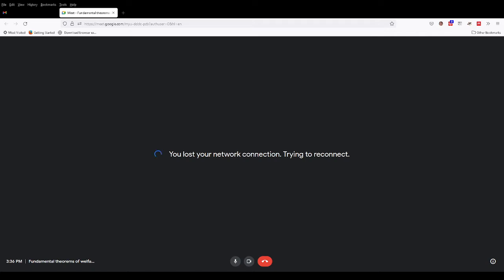Now we know that the common marginal rate of substitution is equal to Px by Py. Now what is MRT?